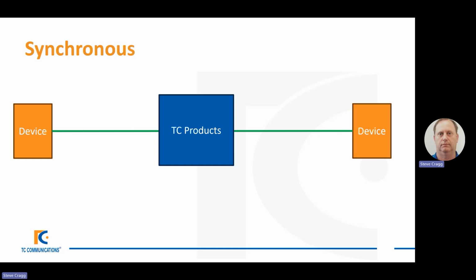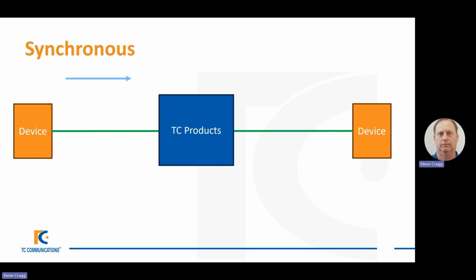Now, of course, we do have the TC Communications products, so we make products that sit in between two serial devices. So we have two serial devices, and we might want to transport this, say, using our JumboSwitch product over IP. That's what the blue box designates in there. But we're talking about the serial side.